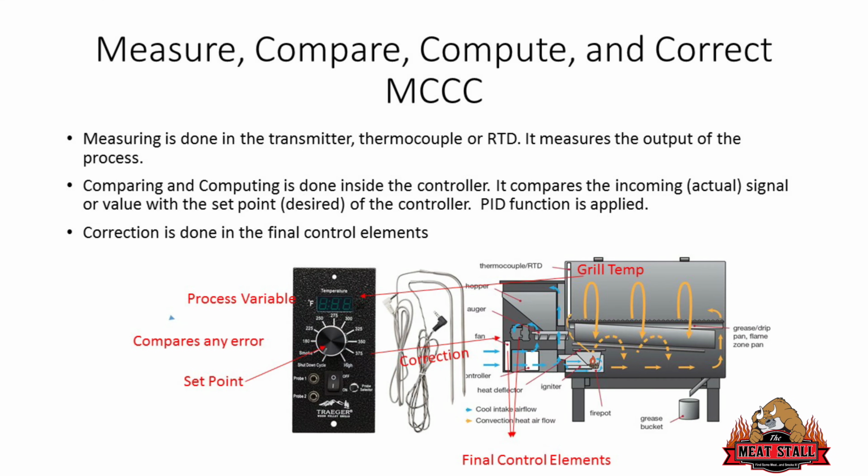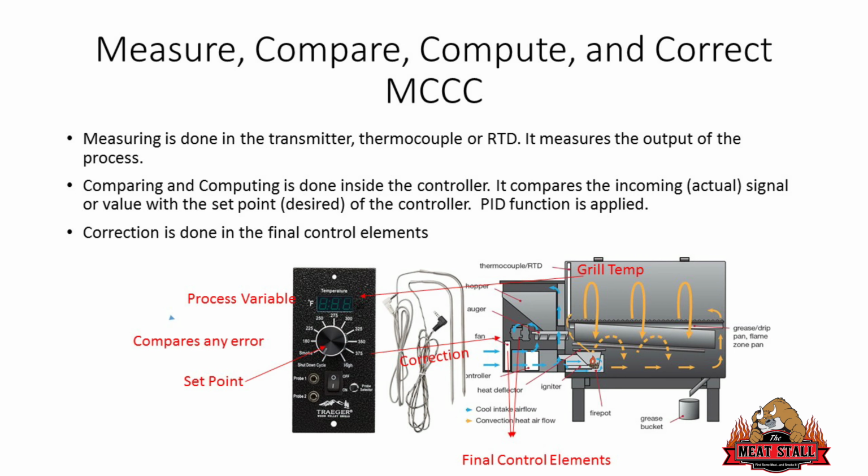As you look here, the correction is done in the final control elements. In your grill, your final control elements are your combustion fan, as you can see here, and also your auger motor. Now, as we get a signal to come up to a set point, your auger is going to start turning, which is going to apply more pellets into your fire pot.